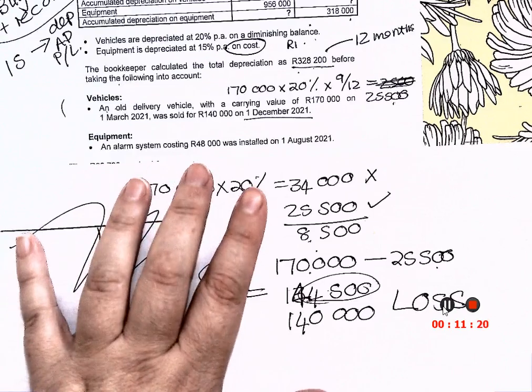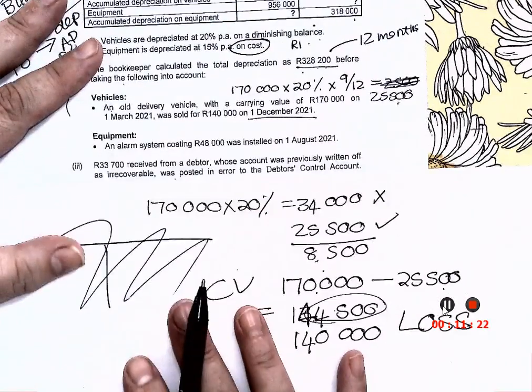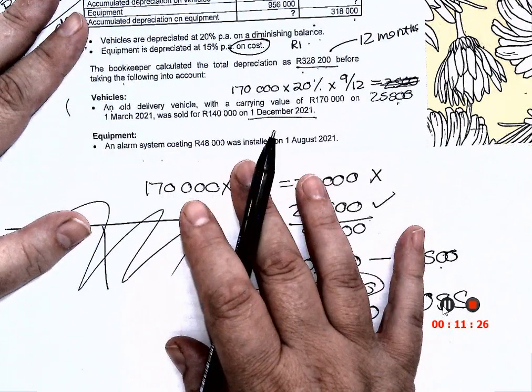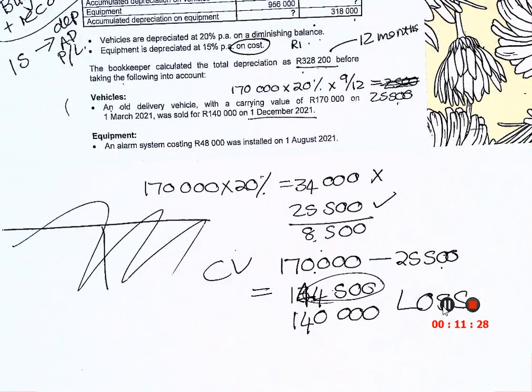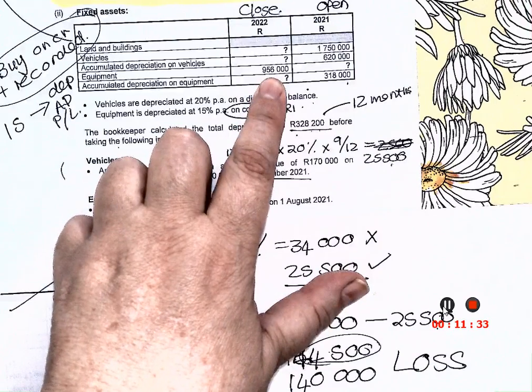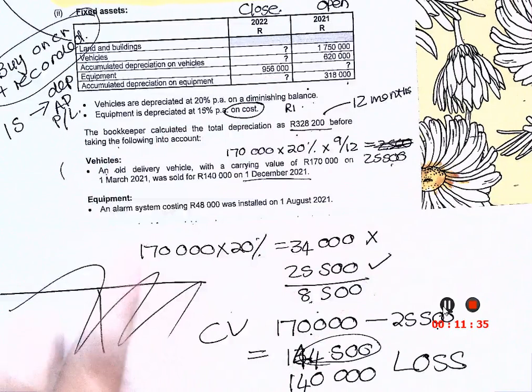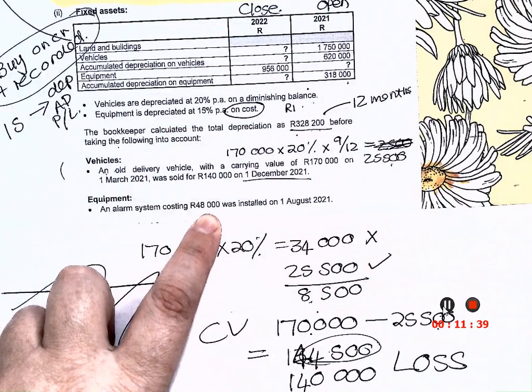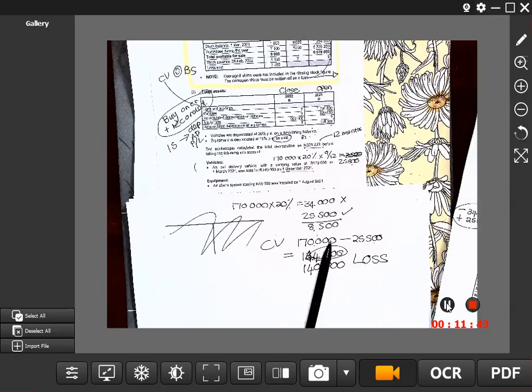But it just says there, it's there. There's no mention of it not being recorded. So it means if I look at my equipment total, that 956 already includes the alarm system. Does that make sense to you? That's how I'm thinking. So how are you thinking?